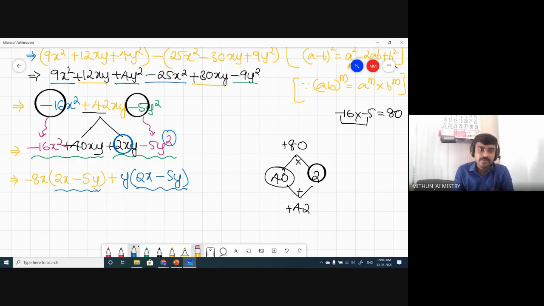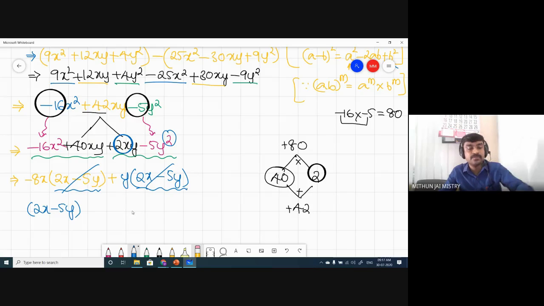Now that is common, so please take 2x minus 5y as common outside. We should not cancel actually, but I'm cancelling so that you can understand that this cancelled one has gone outside. So what is left? Minus 8x plus y is left.